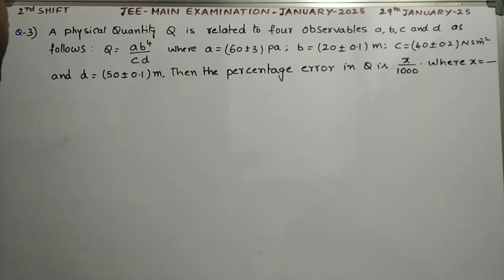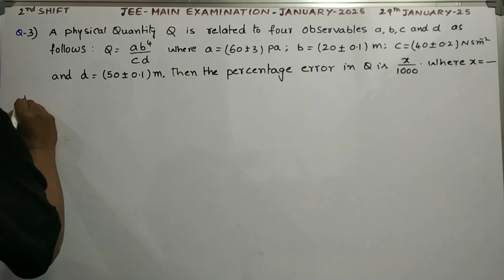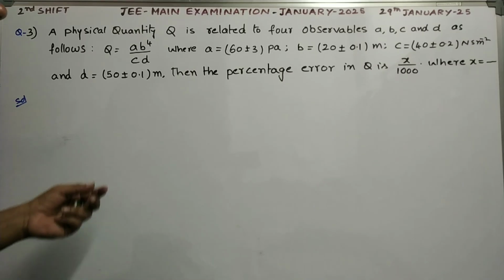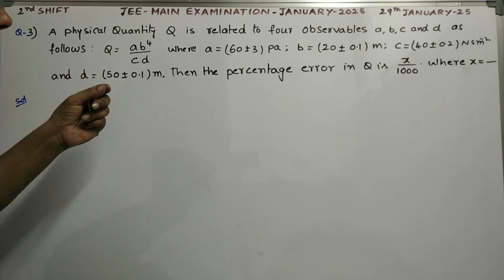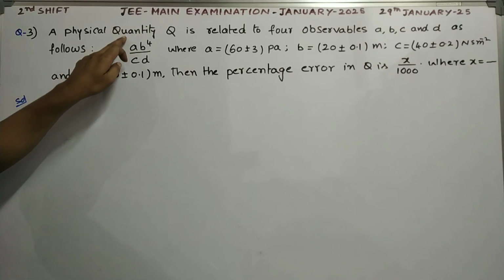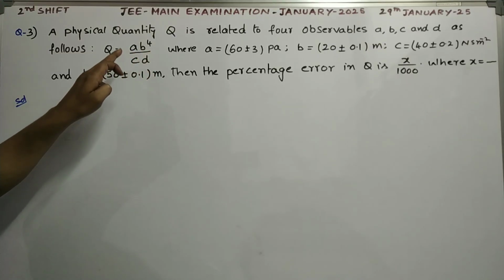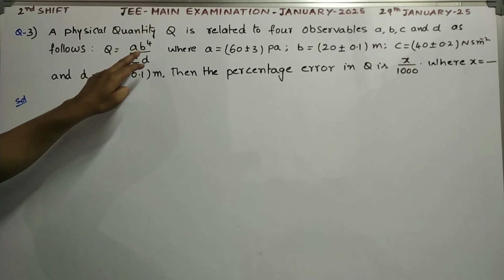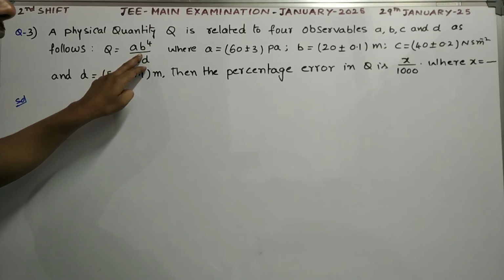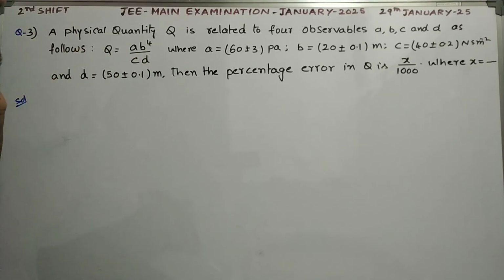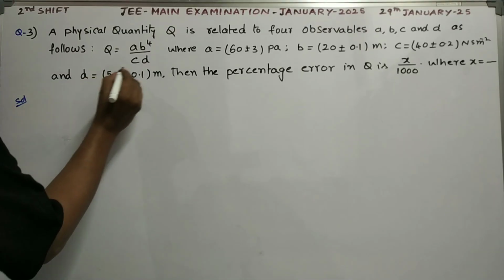According to known formulas, any physical quantity depends on a number of observables, and the percentage of change in that quantity depends on all the observables. So the algebraic sum of the percentage of errors in all observables gives the percentage of error of that physical quantity.